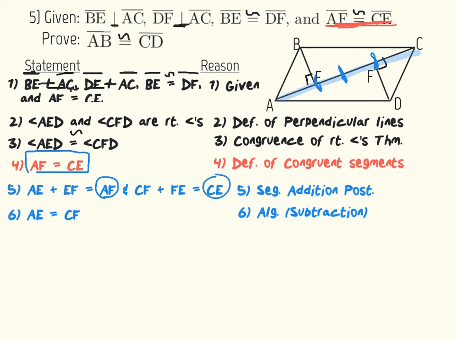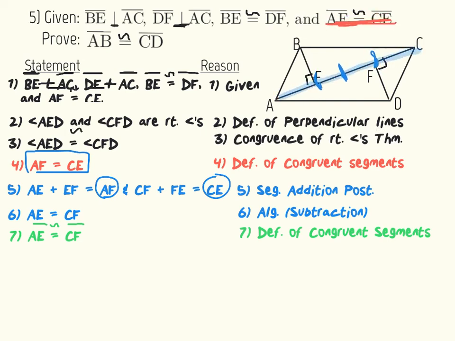Okay, so I kind of did 2 steps there at once. And we have AE equals CF. Further say segment AE is congruent to segment CF. So AE right here is congruent to CF right here. And that's by definition of congruent segments.